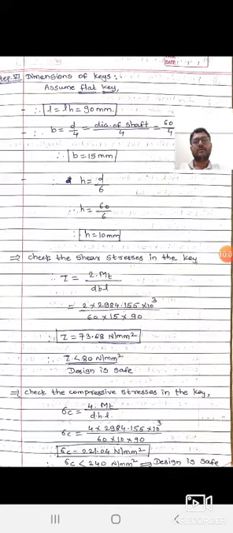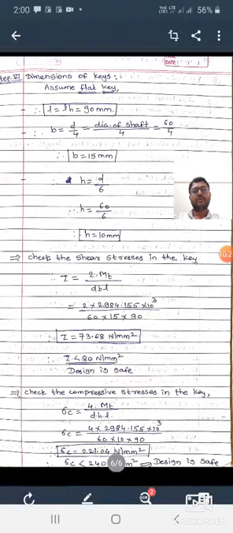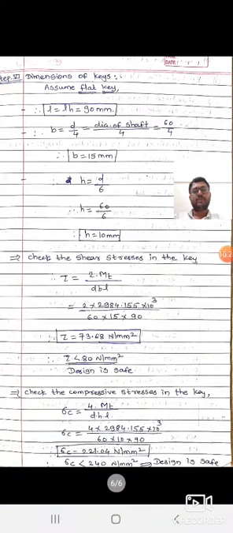Next and last, dimension of keys. We know that we have to assume here a flat key. For flat key, length L is equal to LH equal to 90 mm, width b equal to d by 4, means diameter of shaft by 4. Here diameter of shaft is 60 by 4, so b we get as 15 mm. Height h equal to d by 6, h equal to 60 by 6, means we get h equal to 10 mm.